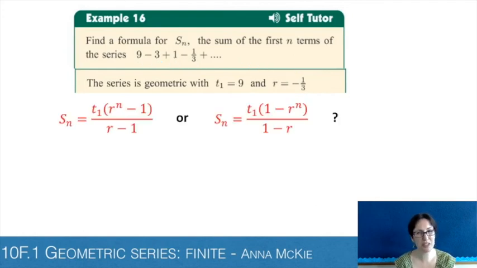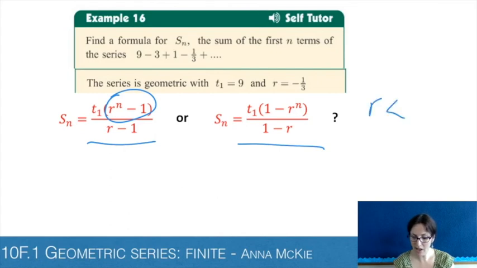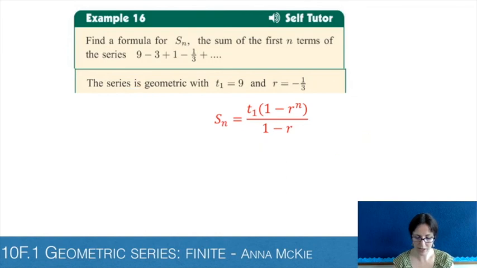You ask yourself, well, which version of the formula should I use? This one. So all that's changed is the order of that bracket. The tip that was given is if r is less than 1, this one here is good to use. And r in this case is -1/3. So let's use this version. So we have our T1 is 9, 1 minus r, which is -1/3.